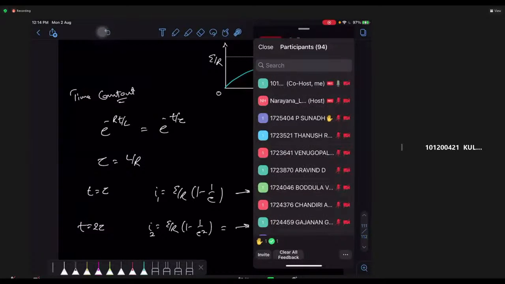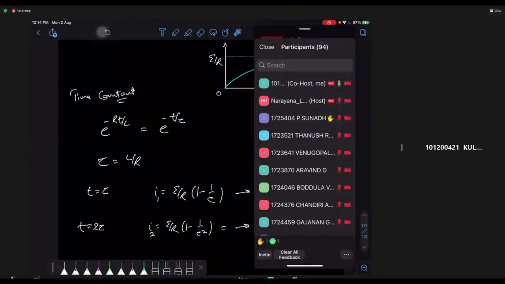The responsible is the battery. The inductor does not allow the current to change, but the battery wants to change it. The inductor is only going to oppose it. Remember one thing here: the inductor is not changing the current. Who is changing the current? The battery. The battery tries to change the current, and the inductor has to oppose that change. Okay.